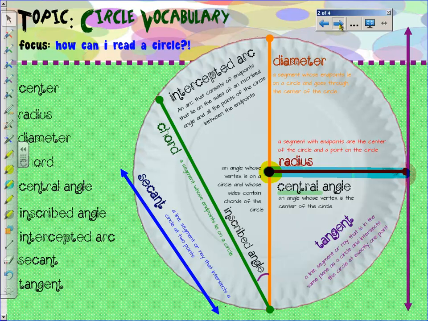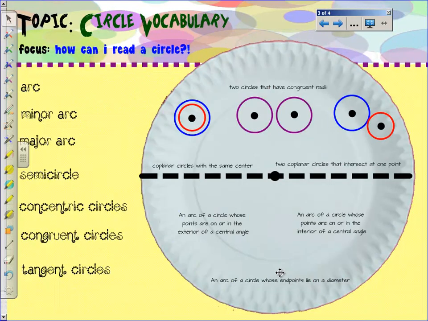As we move on, we're now going to talk about arcs and go a little more specifically into those definitions. So, first of all, a semicircle is a type of arc whose endpoints are the diameter. So we have a semicircle right here, and we know it's a semicircle because the endpoints are on the diameter. Alright, so it's half of our circle.